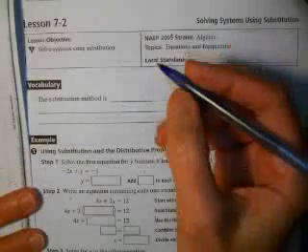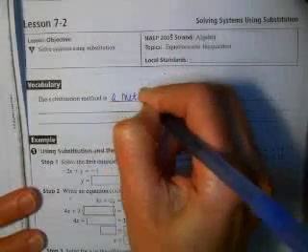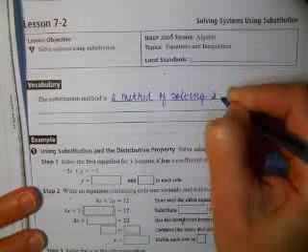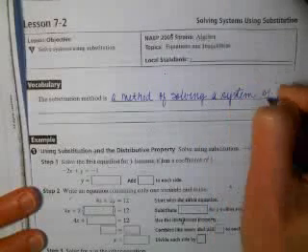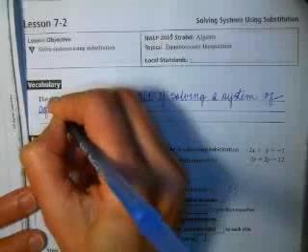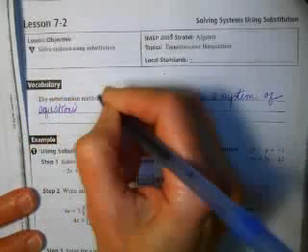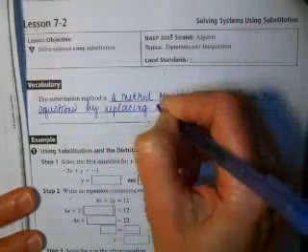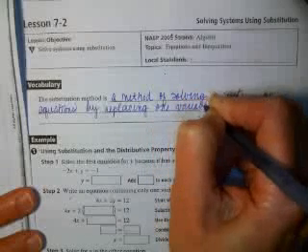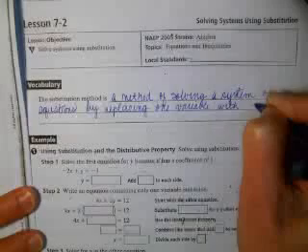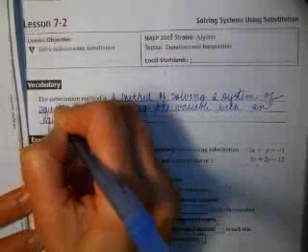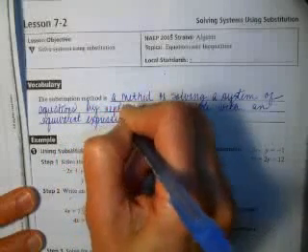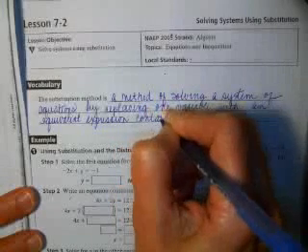All right, so the substitution method is a method of solving a system of equations by replacing one variable with an equivalent expression containing the other variable.